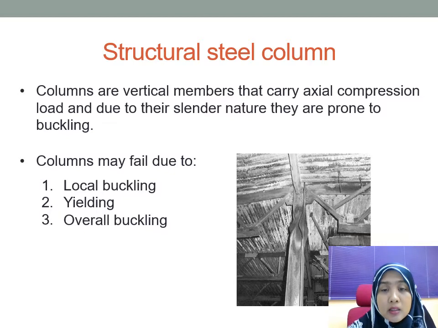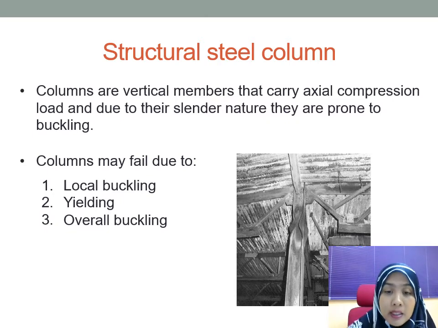So what is a steel column? A column is a vertical member that carries axial compression loads. Due to their slender nature, they are prone to buckling. A column may fail due to local buckling, yielding, or overall buckling. Local buckling is a buckling mode that occurs only at the flange or at the web of the column.